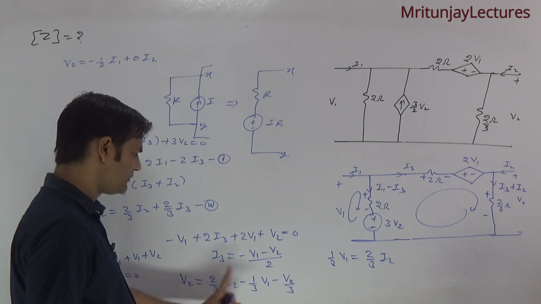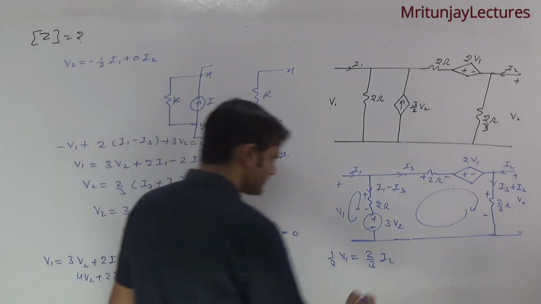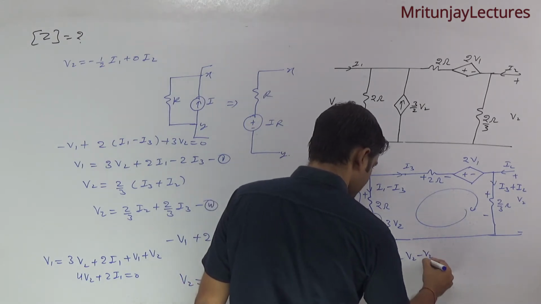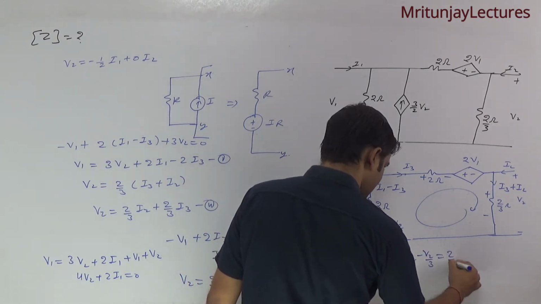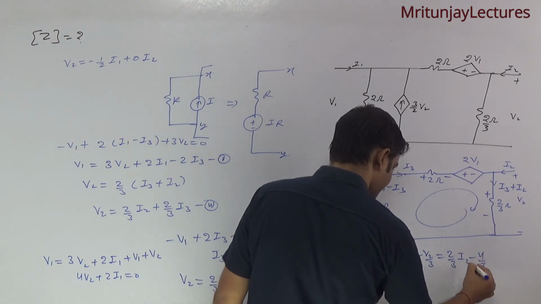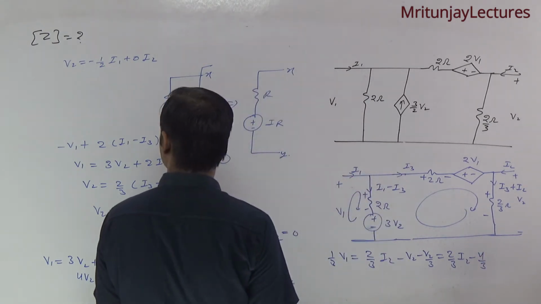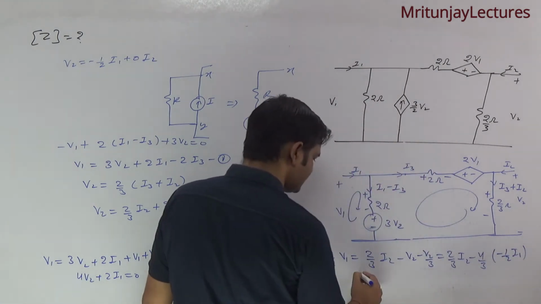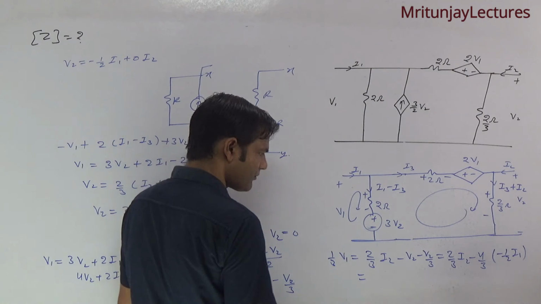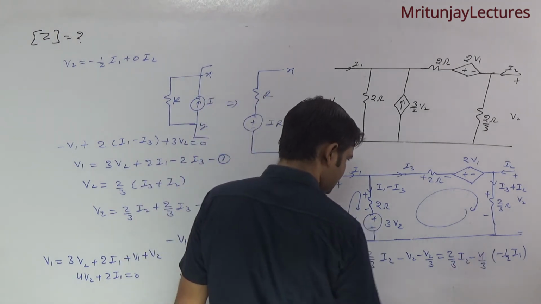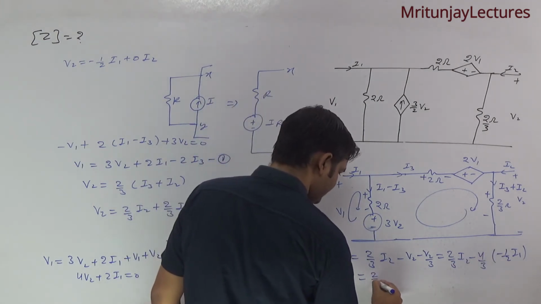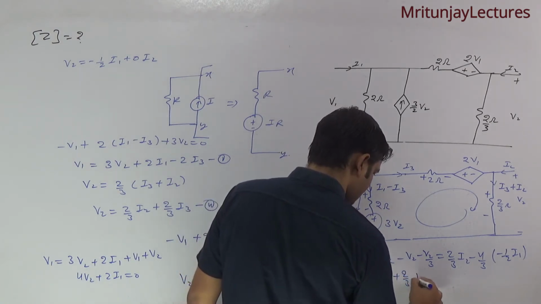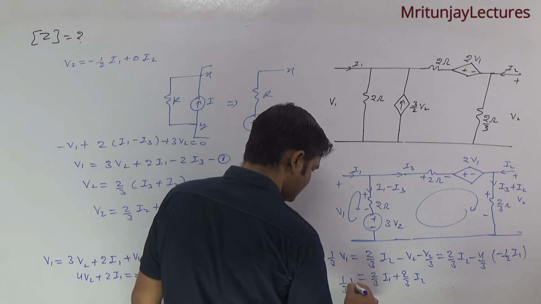Now if this is put here, then minus V2 by 3. So 2 by 3 I2 minus 4 by 3 into V2, and V2 is minus half I1. So finally we get plus 2 by 3 I1 plus 2 by 3 I2, which equals 1 by 3 V1.